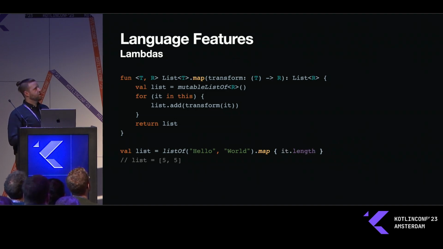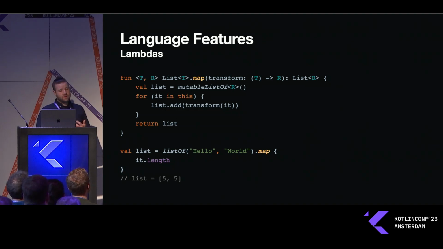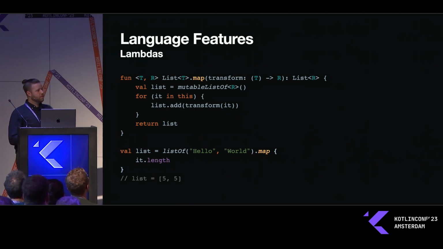And we can actually just drop the whole parameter itself because it is the only parameter. We can do it.length, and it then refers to the single parameter. So here we have a transformation of a list of strings into their lengths. And there's nothing stopping us from doing multi-line lambdas either. They don't have to be on a single line.